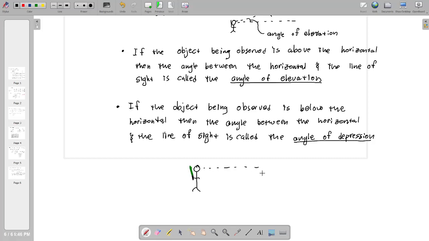Here would be the horizontal. And we've got Yoda here. This is called the angle of depression because it's below the horizontal.